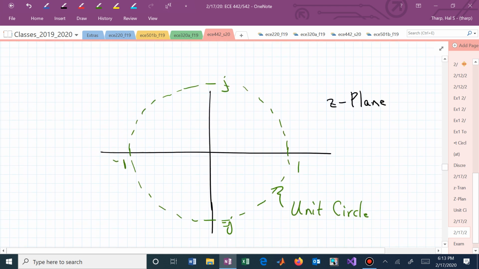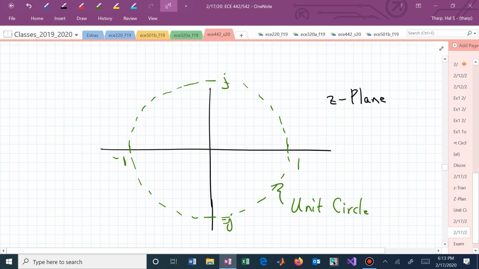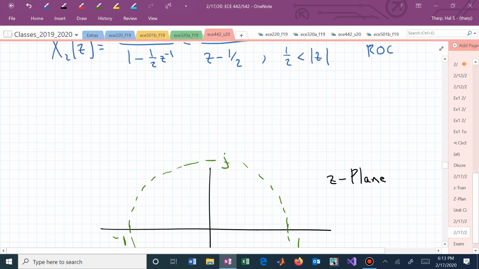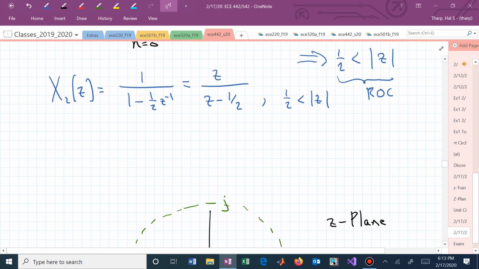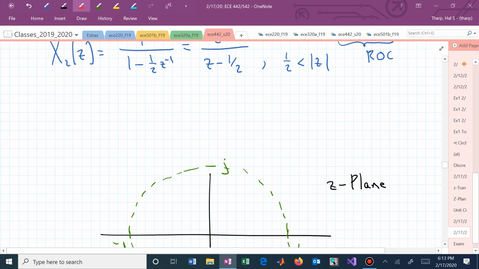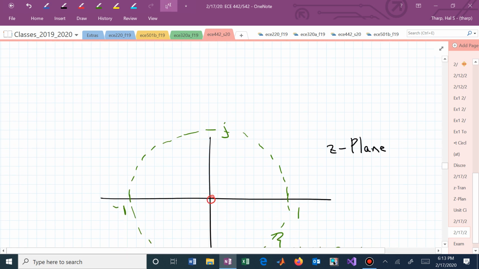How do we put all of that together in this picture? Where are my poles and zeros? They're exactly the same as in case 1, aren't they? I have a 0 at the origin, and I have a pole at 1/2.